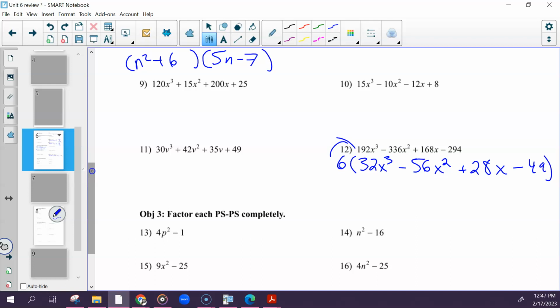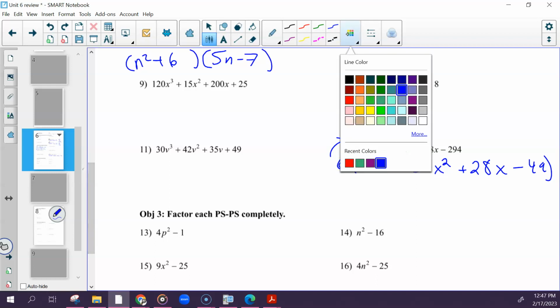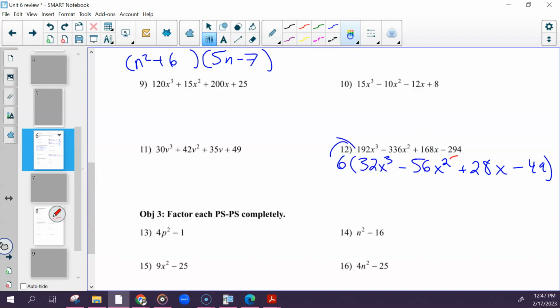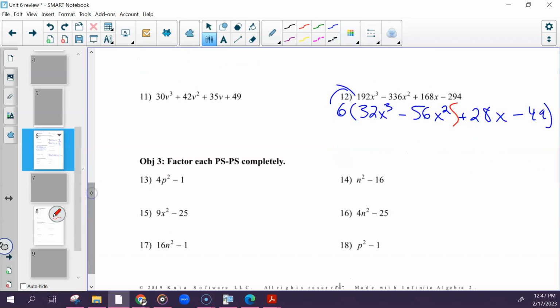Now our numbers are smaller, still somewhat big, but more manageable. I feel like we know these factors other than those, or at least some of them. So let's split our middle, find common factors of those two.